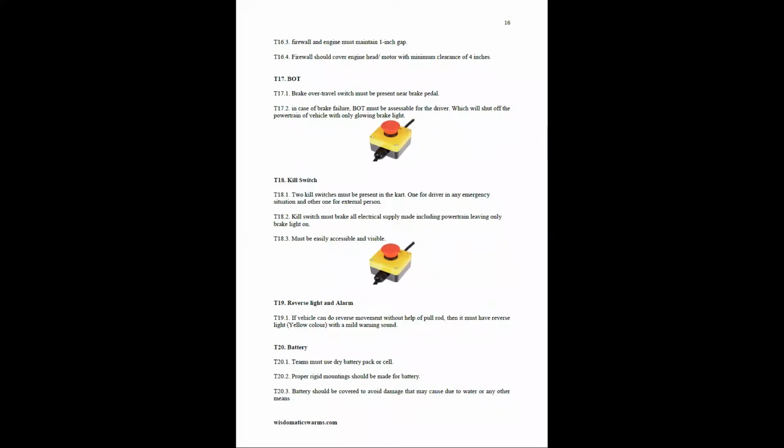We'll be needing one BOT, that is the brake over travel switch, and two kill switches. The brake over travel switch should be mounted behind your brake pedal. One kill switch should be in range of the driver in case he wants to stop, and the second should be accessible by an external person. Accordingly, you choose your positions where you want to mount them.